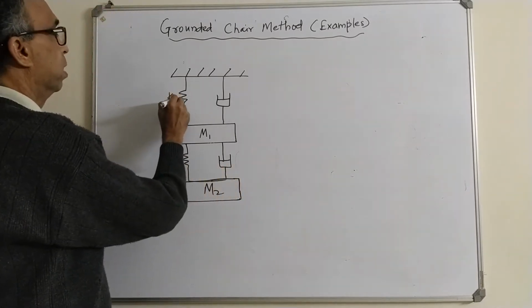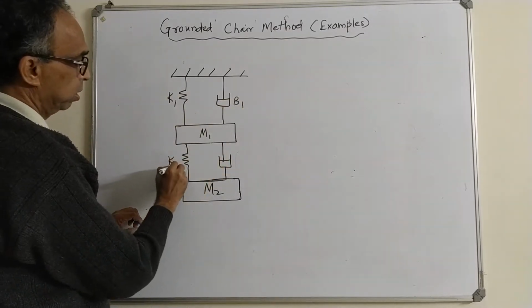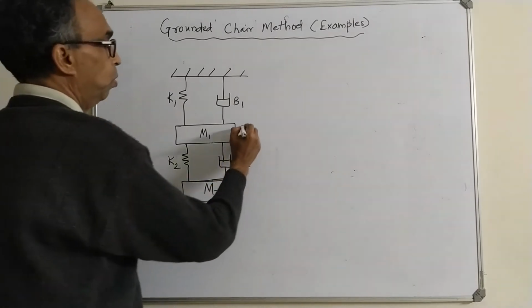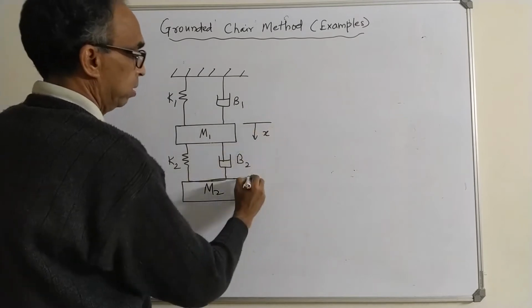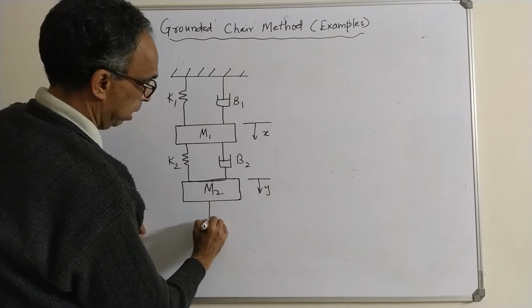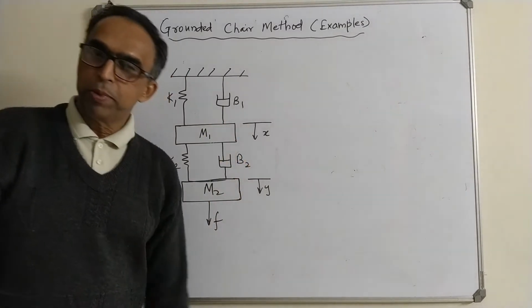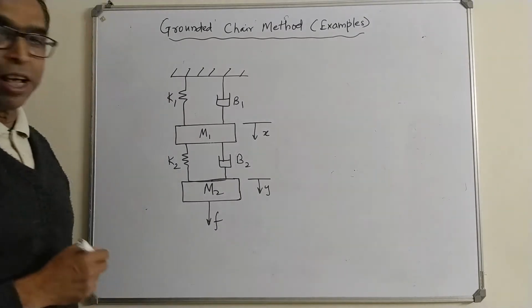Call this K1, call this B1, call this K2, call this B2. Call this X, call this Y motion, and the force is acting here. So what does this problem correspond to? It's a 2 degree of freedom spring mass dashpot problem.